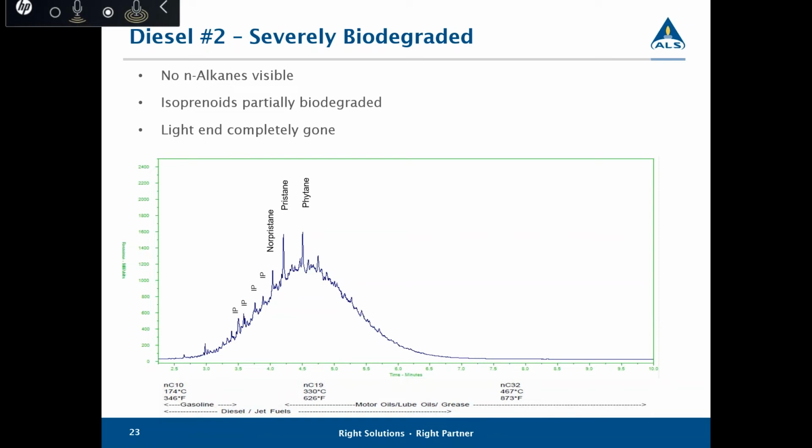The isoprenoids, due to their complexity, are not as much affected. Therefore, they are more prevalent now in the chromatogram. You can see the pristane and phytane peaks. So the ratio will decrease. Eventually, they will disappear too. It depends how long the sample is exposed to the elements.